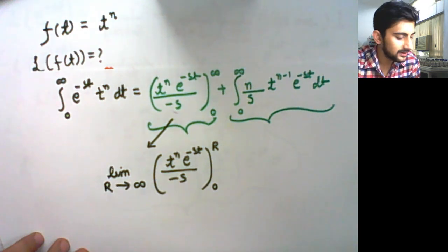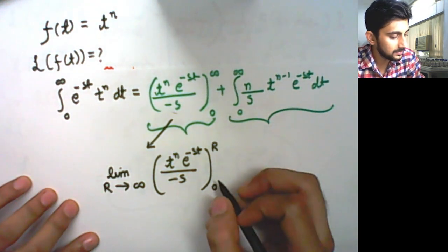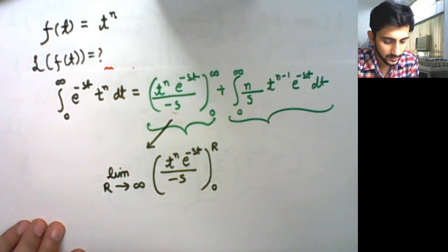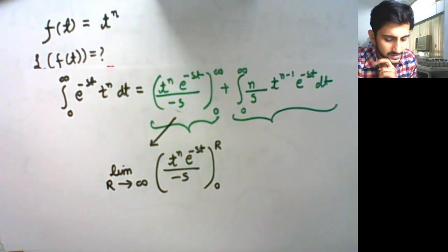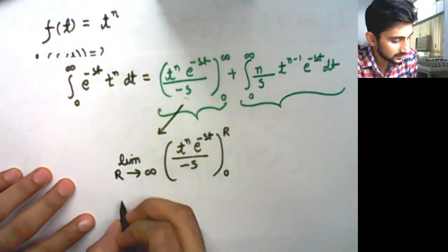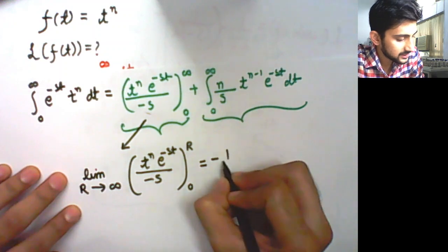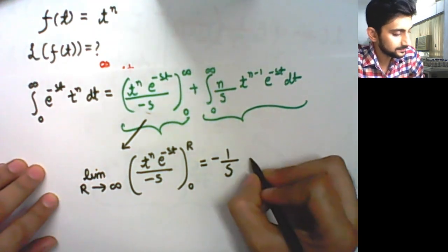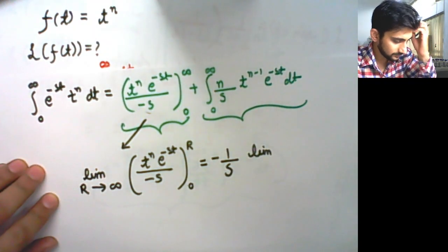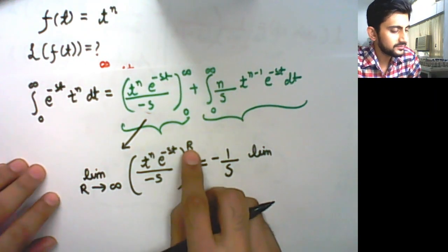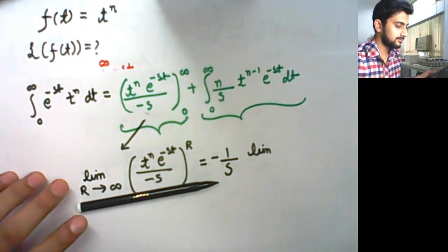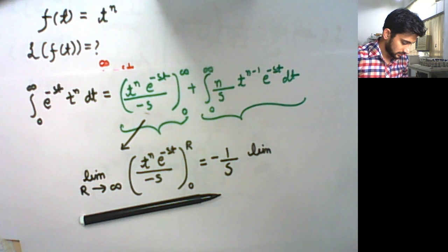When you solve it in this particular way, the only problem will be solving it at infinity. So in that case we can write this thing as minus 1 upon s common outside, limit, instead of just calling it, I'm sorry, I'm in class.